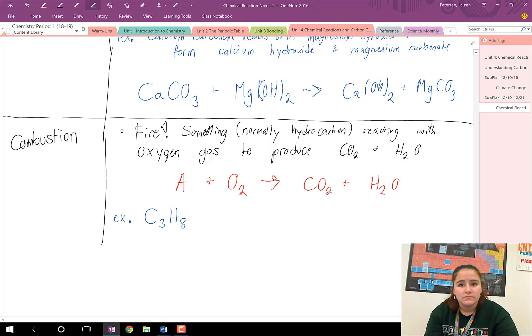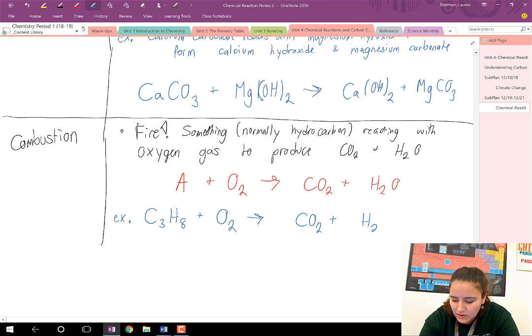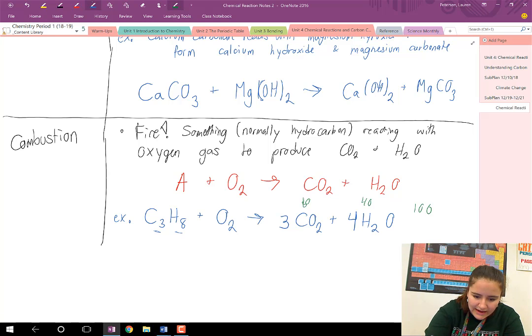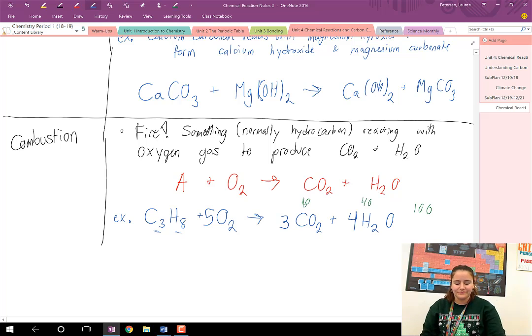So if it combusts, it reacts with oxygen gas to produce carbon dioxide and water. Okay, and then we have to balance it. So 3 carbons here, 3 carbons there, 8 hydrogens here, 8 hydrogens here, and then that brings me to 3 plus 2, that's 6 oxygens from that one, 4 oxygens from this one. So I have 10 oxygens on my product side. So I'm going to need 10 on this side. So I need to put a 5 there.